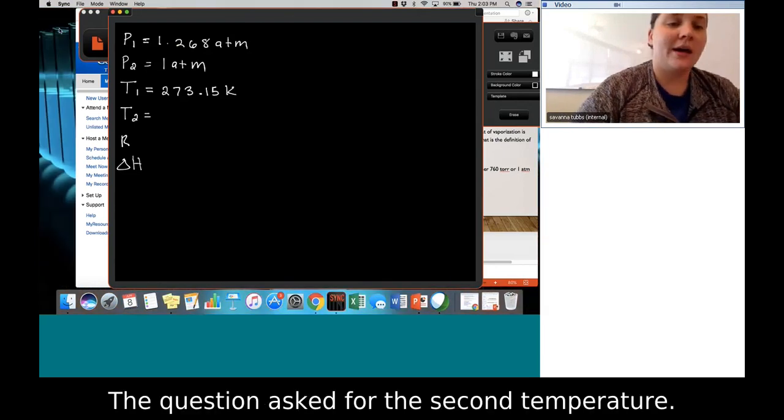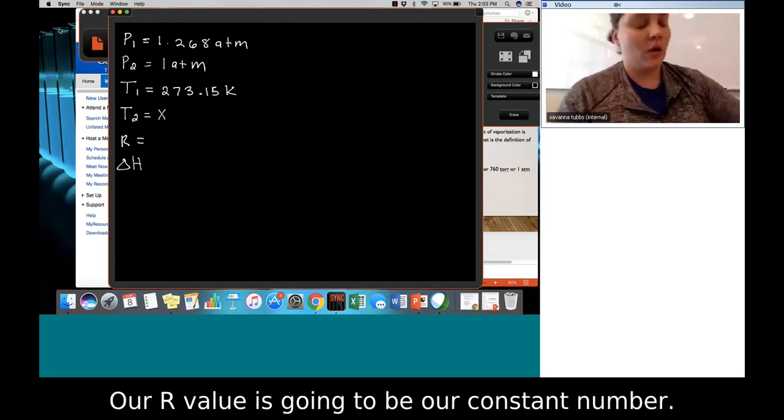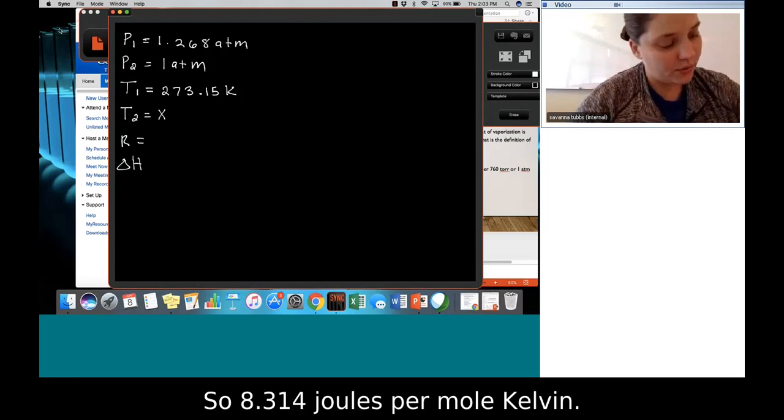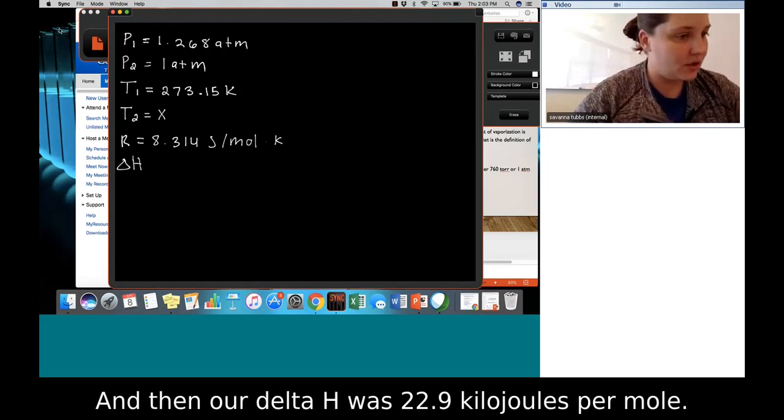The question asked for the second temperature. Our R value is going to be our constant number, 8.314 joules per mole Kelvin.